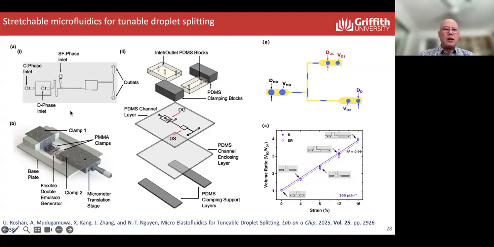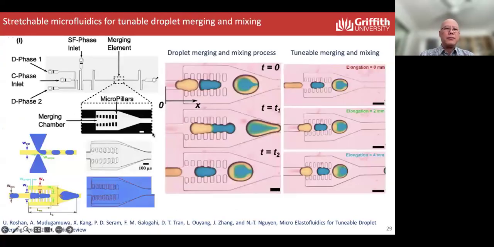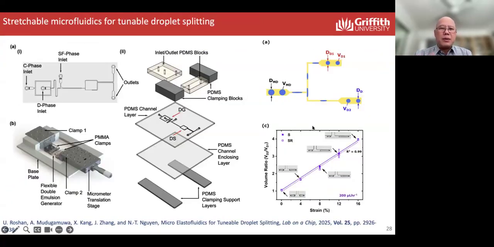And this can be achieved on a single device, on a single design. You can see on the bottom left corner how strain or stretch can vary the volume ratio of the 2 daughter droplets. So previously we had to use either heat or magnetic force or electrostatic force to control this process. Now we just need to simply stretch it, with a certain strain.